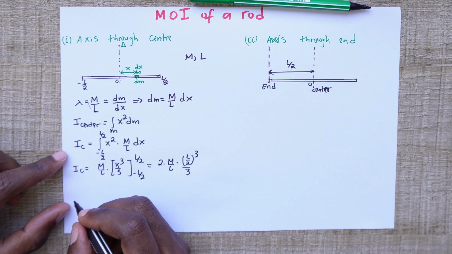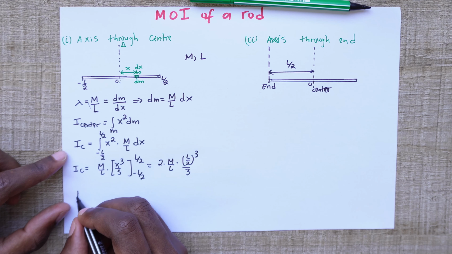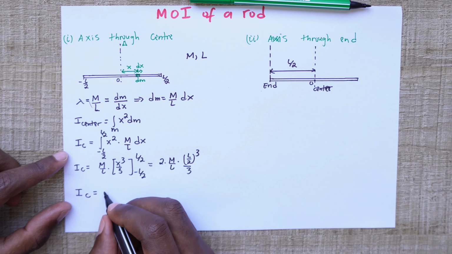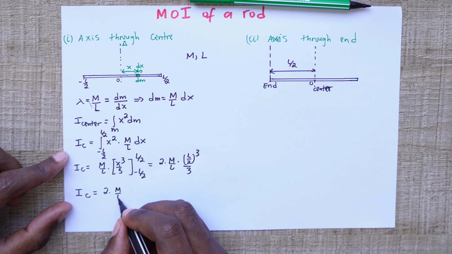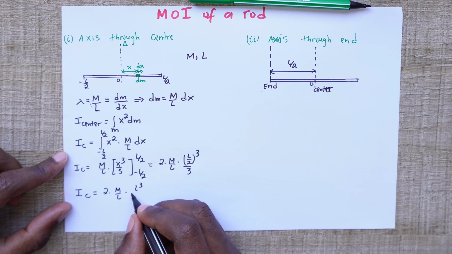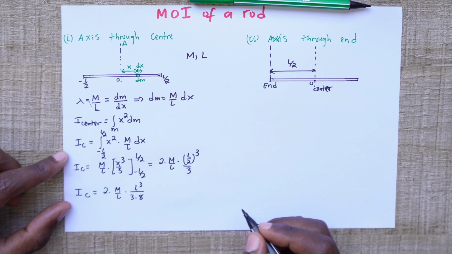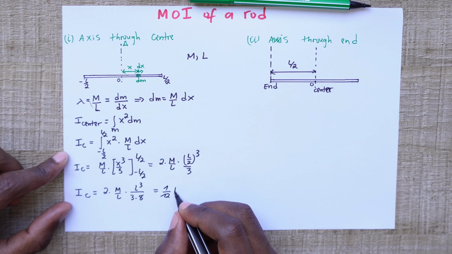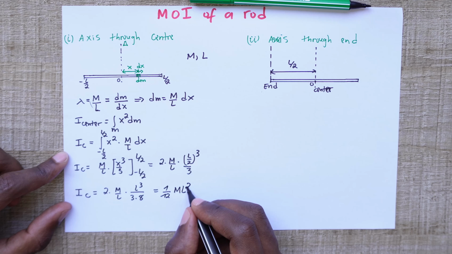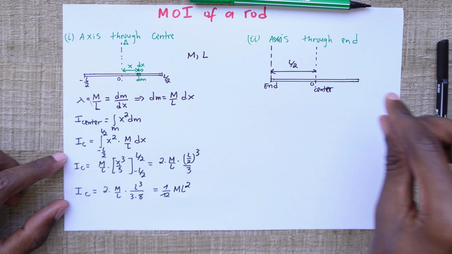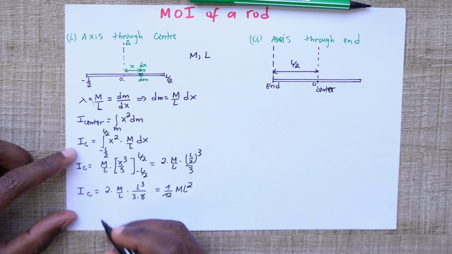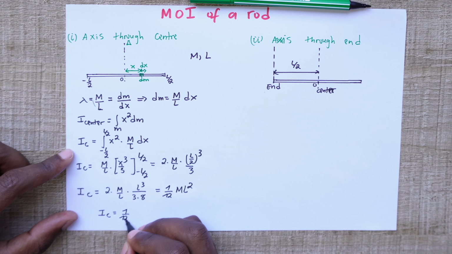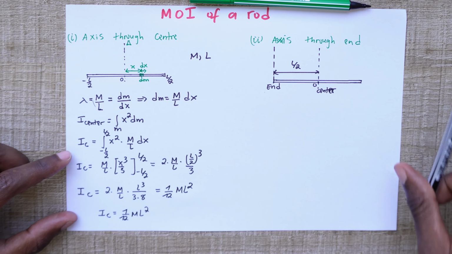And if we simplify that, we get IC as 2M over L times L cubed over 3 times 8. So that's going to be 4 times 3, which gives 1 over 12 ML squared. So we obtain IC as 1 over 12 ML squared.